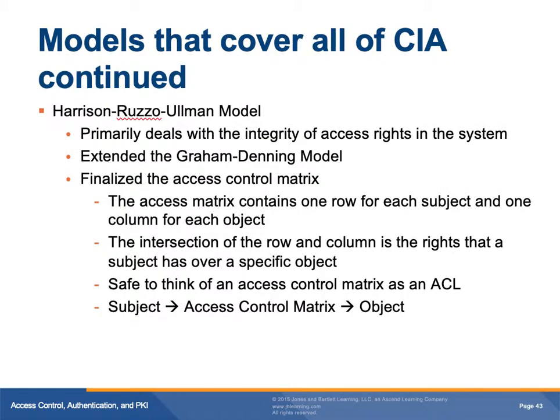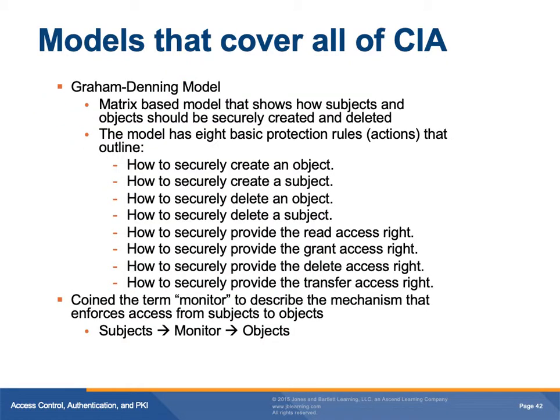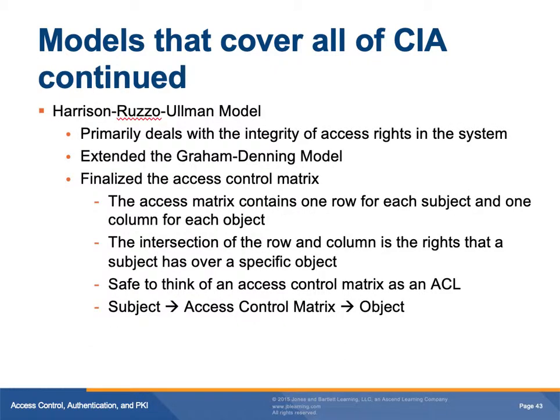The Harrison-Ruzzo-Ullman model, the HRU model, primarily deals with the integrity of access rights to the systems, and it's an extension of the Graham-Denning model. So these would be, I'm going to flip back, these would be good to put side by side to do a comparison. The access matrix contains one row for each subject and one column for each object, and it builds on an intersection.